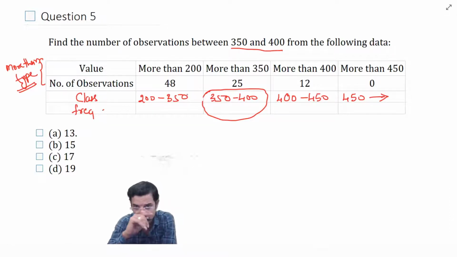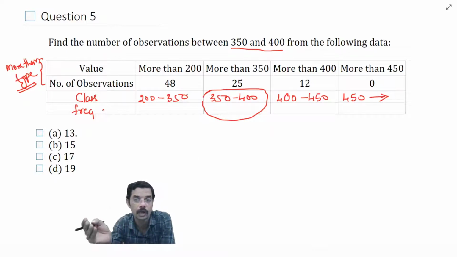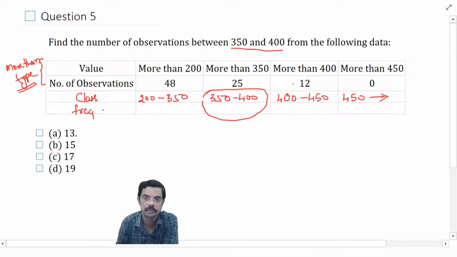So more than 350 is 25 and more than 400 is 12. So more than 350 will have more than that, right? So therefore 25 minus 12. More than 400 will be subtracted from more than 350.